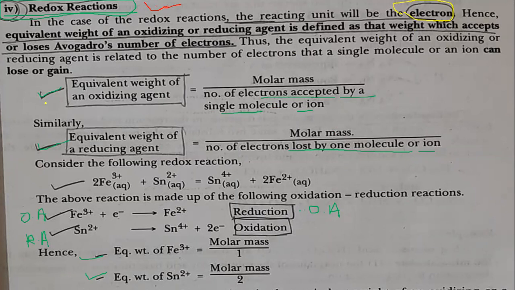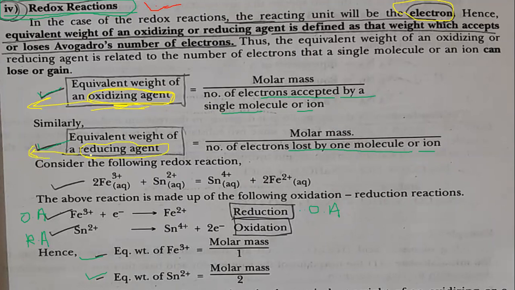Now see, equivalent weight of an oxidizing agent. What is an oxidizing agent? It carries out oxidation of other species. That is what an oxidizing agent is. And a reducing agent means it carries out reduction of other species.